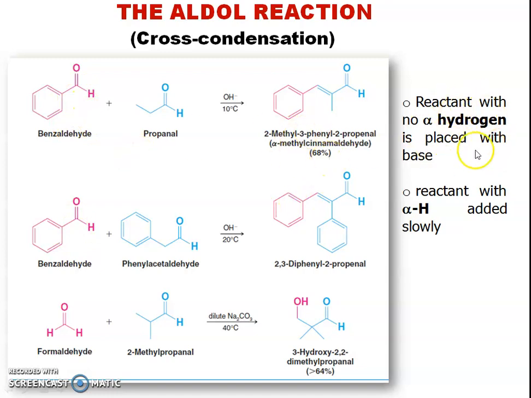And in this reaction, you have to take care: the reactant with no alpha hydrogen should be placed with the base, and the reactant with alpha hydrogen should be added very slowly. You add the reactant with alpha hydrogen slowly because otherwise it can undergo self-condensation. So for cross condensation to occur, you have to do the reaction like this.